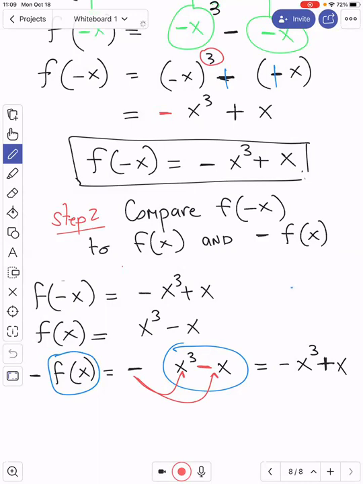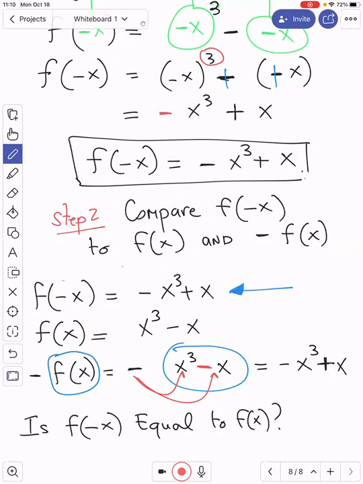So we need to compare now. This is my f of minus x. First question: is f of minus x equal to f of x? Here's my f of minus x, and here's my f of x. Are they equal? Nope, because it's minus x cubed, and in f of x it's a plus x cubed, so they're not equal.